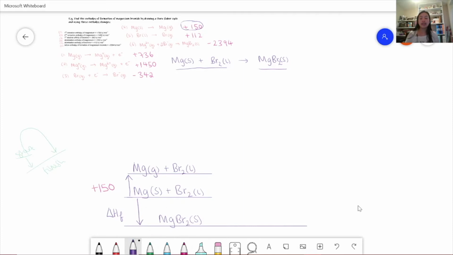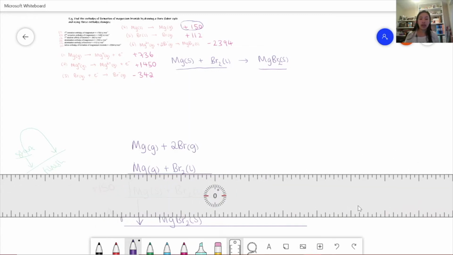The next thing I'll do is atomize the bromine, like we did for magnesium. So I'm going to leave the magnesium gas alone, atomize the bromine, and then draw the level line again.